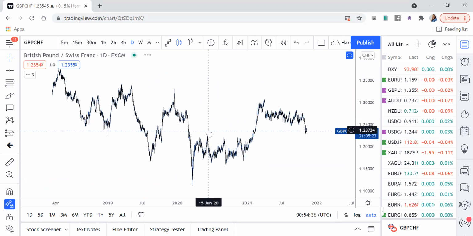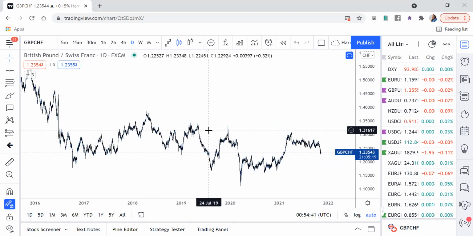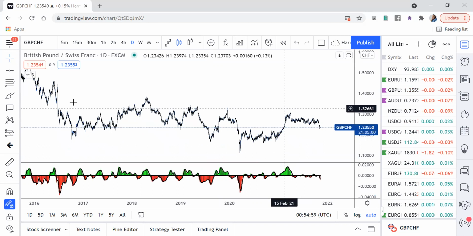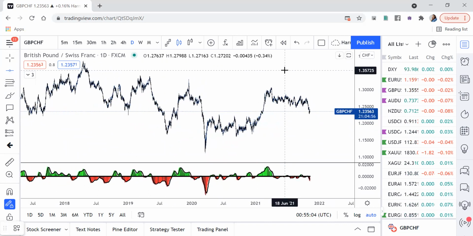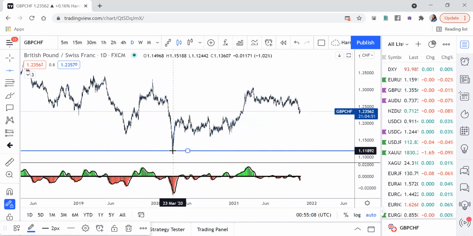Right, so on the daily time frame, we can see that we've been consolidating. There's no actual trend that's happening right now, but I can see something. Anyhow, let's start with some structure. Let's get some organization on the chart here, on the daily. So we got a daily low here.